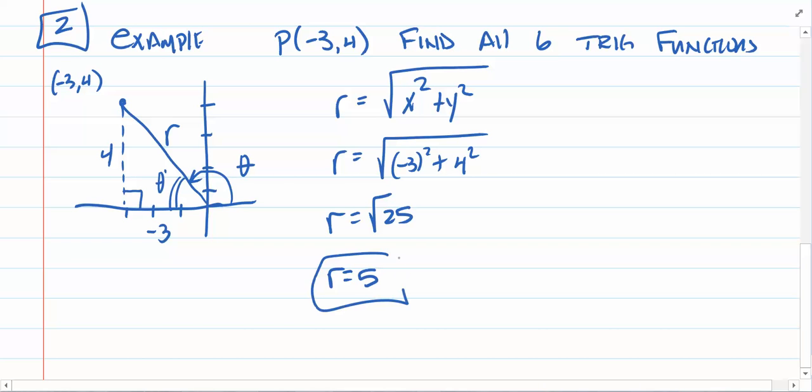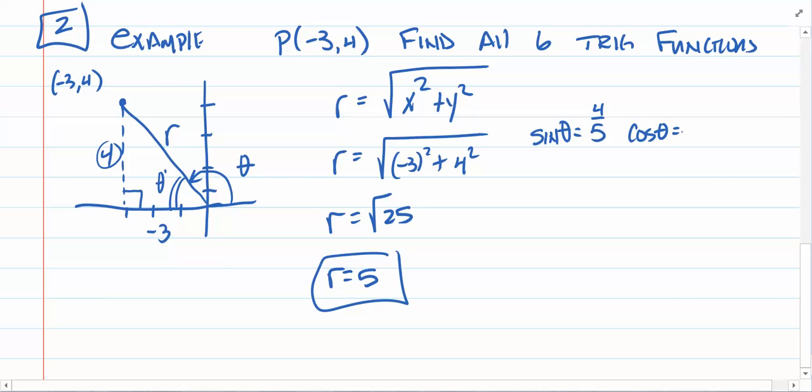Good, so now that we've drawn a picture and we've gotten our radius, we have all the pieces of the puzzle that we need. So the sine of theta, remember, sine of theta is defined to be y over r. Which one is the y value in this case? Yeah, the opposite over the hypotenuse, right? The opposite is 4, hypotenuse is 5, so the sine of theta has to be 4/5. What about the cosine of theta? -3/5.